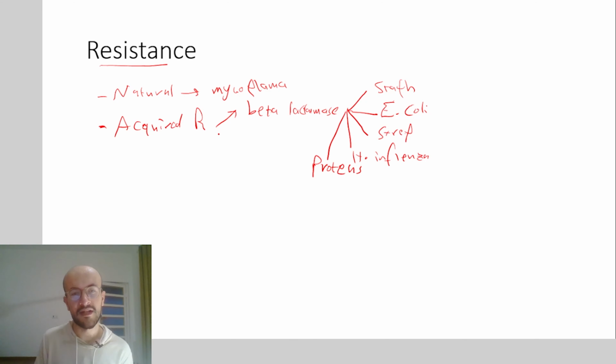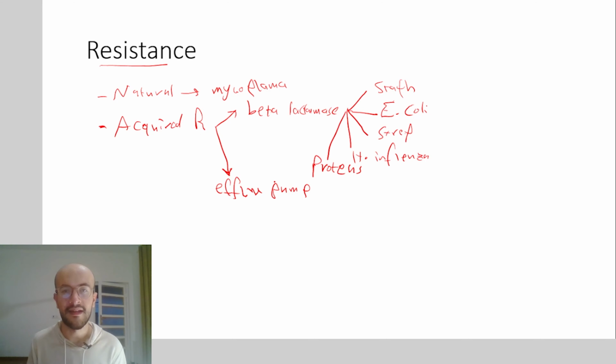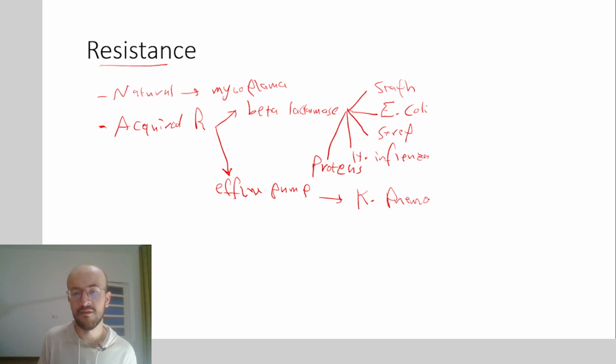We also have acquired resistance by efflux pumps, which lead to excretion of the penicillin outside of the bacterial cell, and that is in Klebsiella pneumoniae.